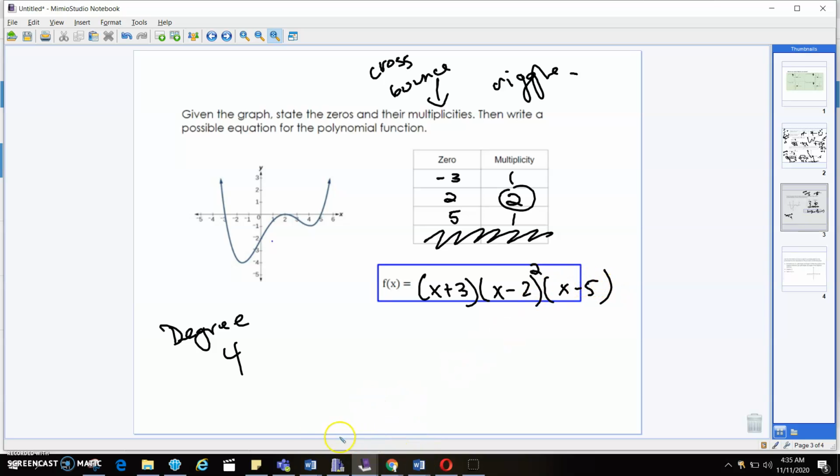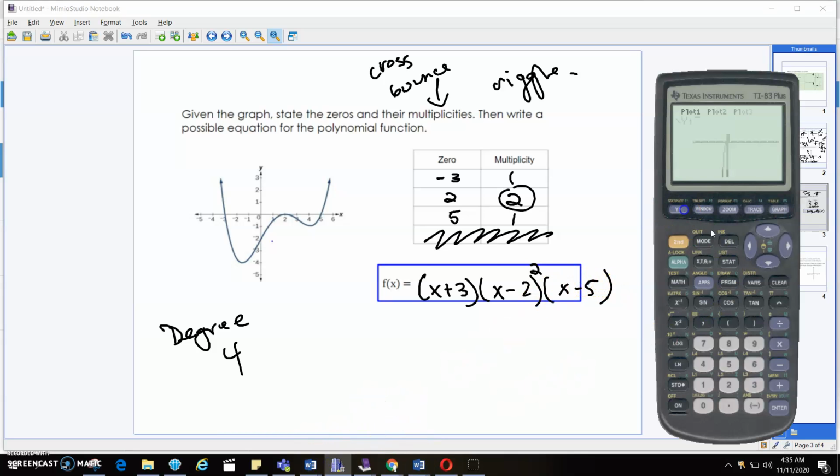So let's actually check this graph. Let's put in our graphing calculator. Let's see if it's exactly like what we've got on our paper. Okay, we're going to zoom in.